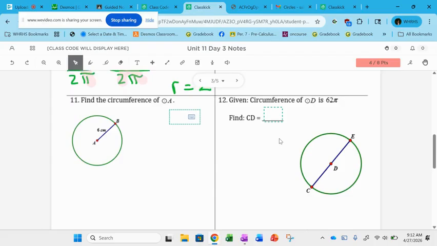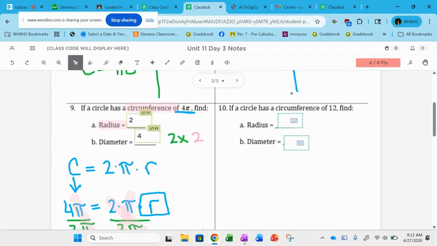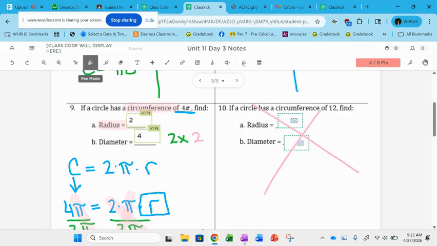Okay, I want you guys to try 11 and 12. We're going to skip 10. Try 11 and 12 on your own.